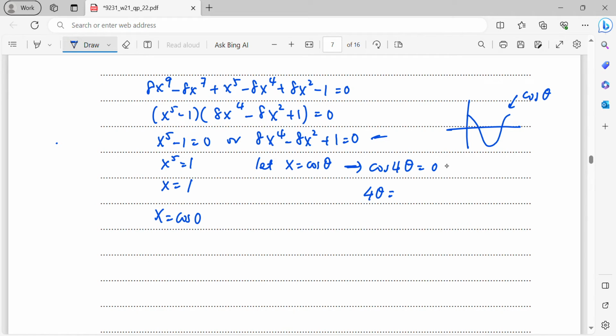When it is 0, it will be at these 2 points. Here is going to be 2 pi. My graph is not very accurate. Here is 2 pi. This is pi. Half pi, sorry. And this is 3 over 2 pi.